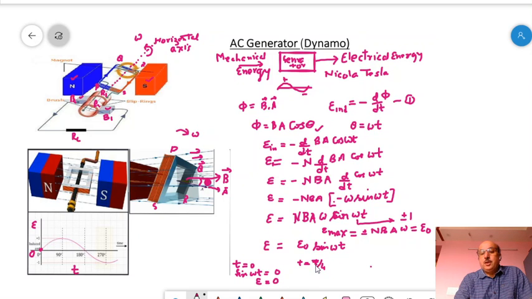This is the total cycle time. Then omega t will be pi by 2, and we will get E is equal to E naught.